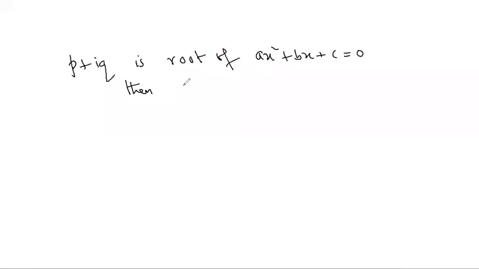Suppose p plus iq is a root of ax square plus bx plus c equal to 0, then the other root will be the conjugate of this, p minus iq, provided a, b, c are real numbers.